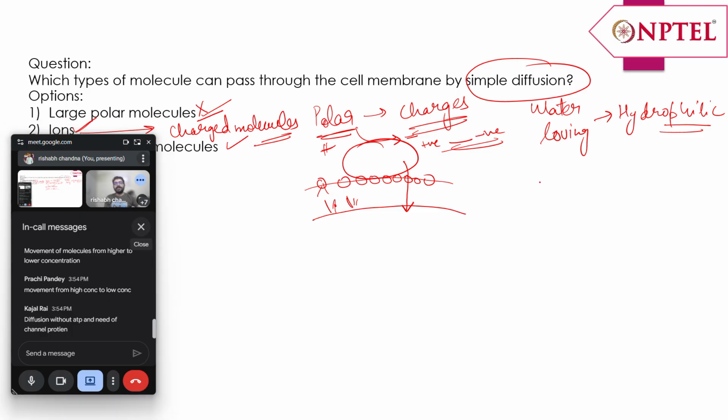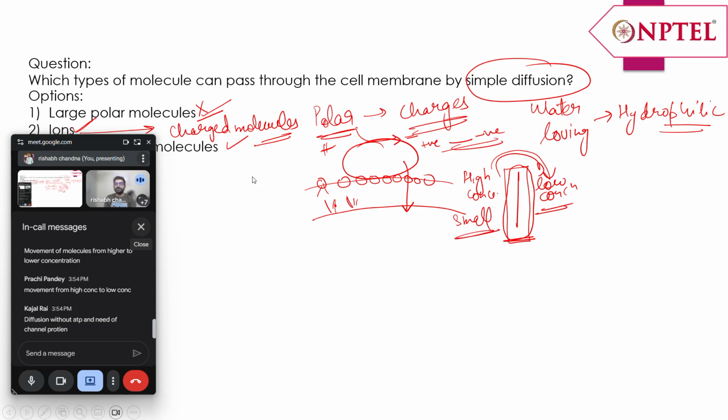It's right that we have to move a molecule from high concentration to low concentration, but the thing that is missing is a membrane. In the case of the cell membrane, how will a molecule that has a high concentration outside be able to move to a low concentration? That means it would have to be small in nature.